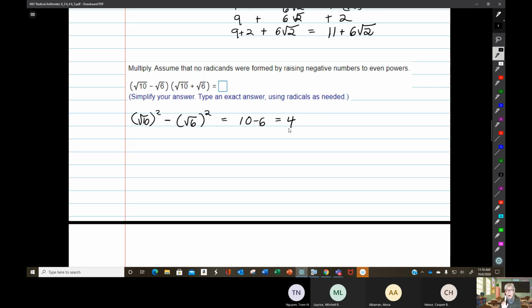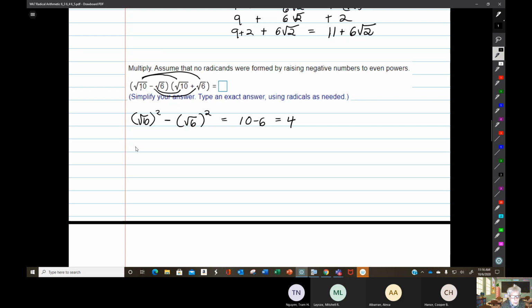Or you can do it the long way. The square root of 10 times the square root of 10, the square root of 10 times the square root of 6, minus the square root of 6 times the square root of 10, minus the square root of 6 times plus the square root of 6.